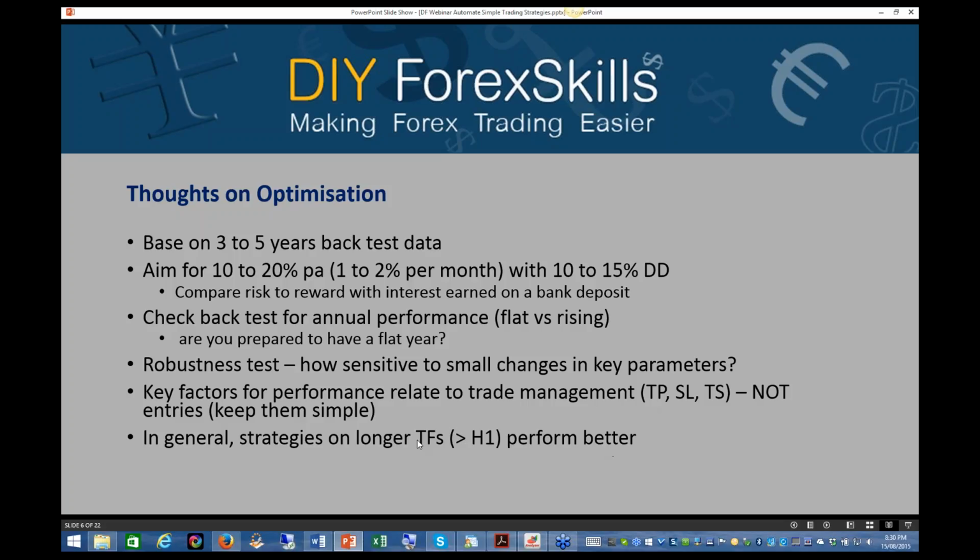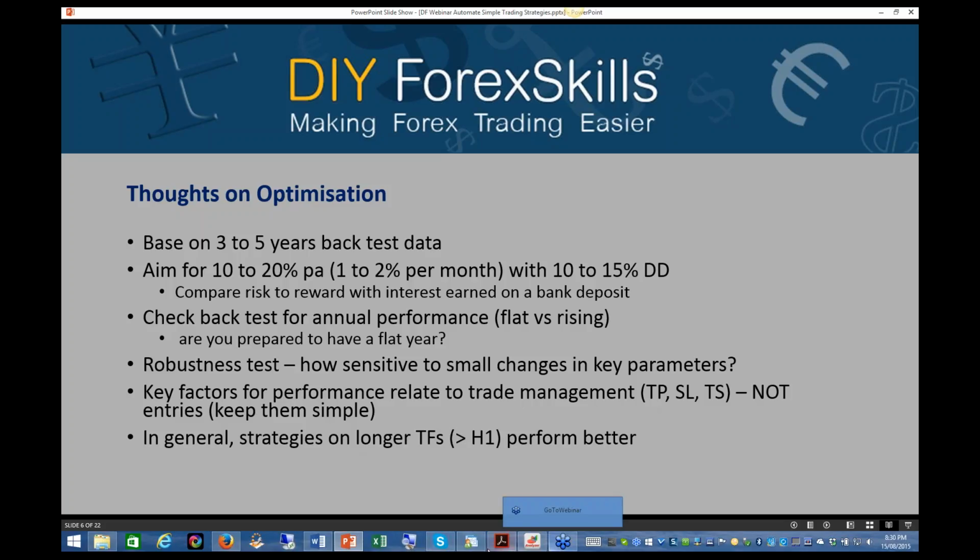In general, the strategies that go on time frames longer than 1 hour seem to perform better than the shorter time frame ones. With that, a bit of a side step on optimization and how we develop our strategies further, I'd like to come back to this point about keeping the entry simple.